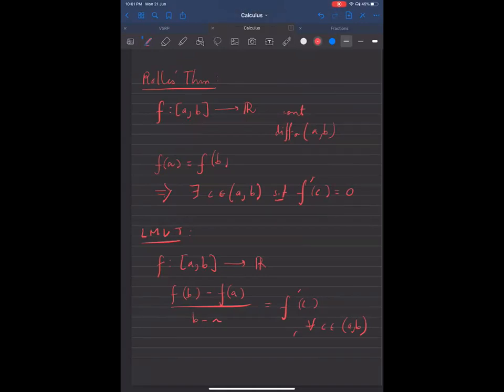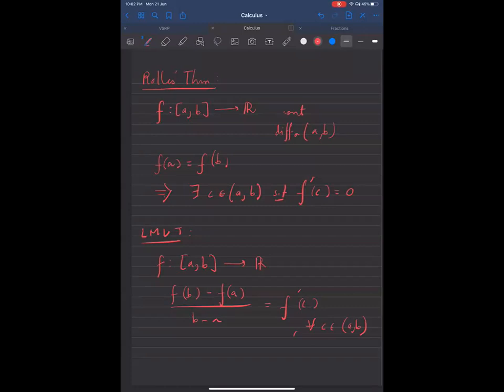Which one can you prove? We can prove Rolle's theorem using the extreme value theorem, that a function achieves its maxima and minima on the closed and bounded interval. Can't you prove Rolle's theorem using LMVT? Yeah, you can, when f(a) equals f(b). Of course. Then how do you prove LMVT?